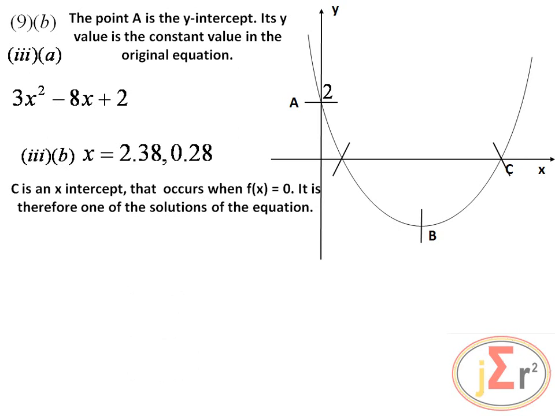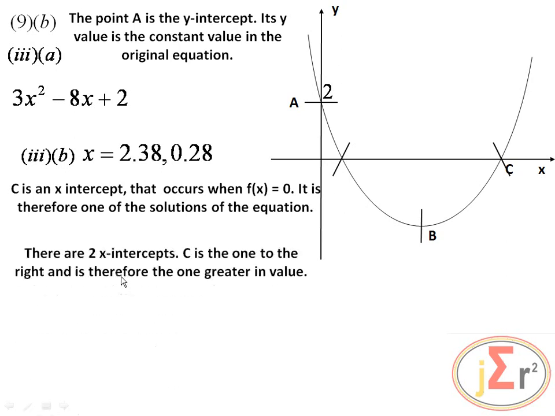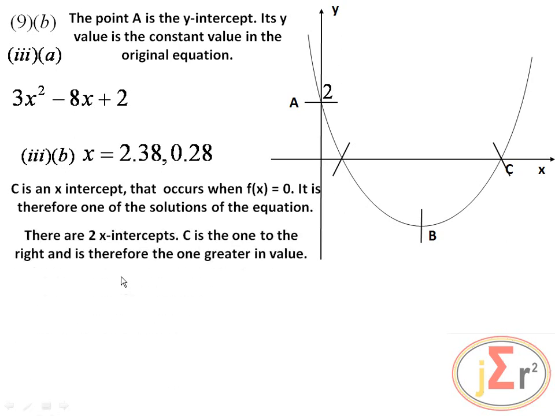It occurs when f of x, in this particular case, is g of x, where g of x is equal to 0. Therefore, g of x is equal to 0 along this x-axis, and this one is one of the points of intercept, and this one is another intercept. There are two x-intercepts.